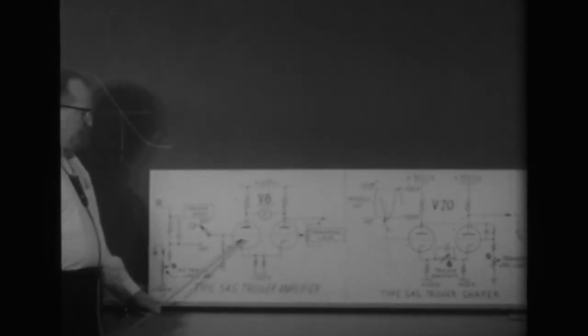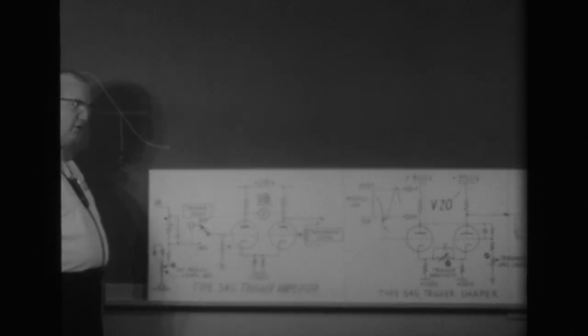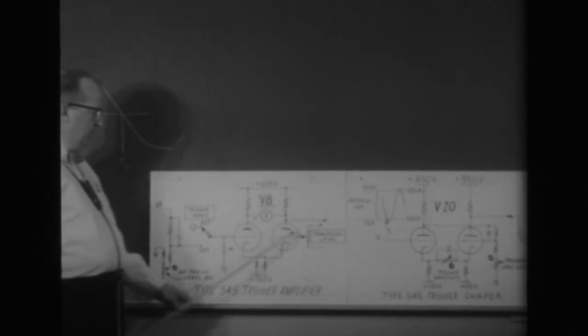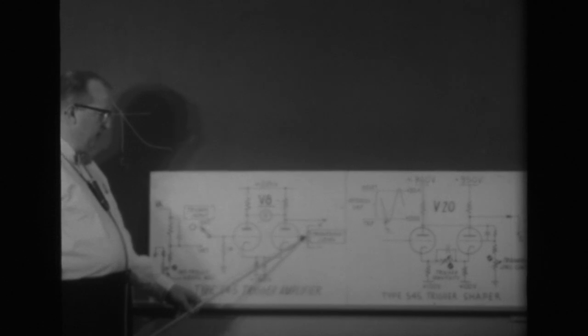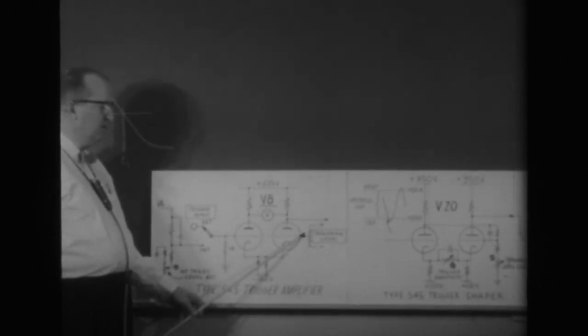Now, these cathode coupled amplifiers make a fairly convenient voltage comparator. In other words, if we set a DC voltage using the front panel triggering level control on the right-hand grid, let's assume that we set that voltage to be plus 10 volts DC.